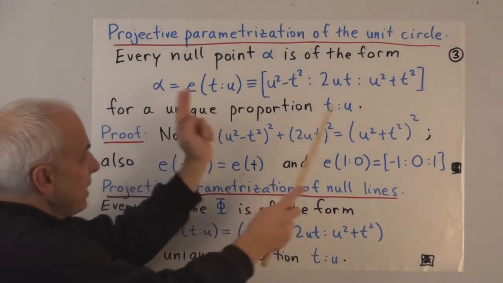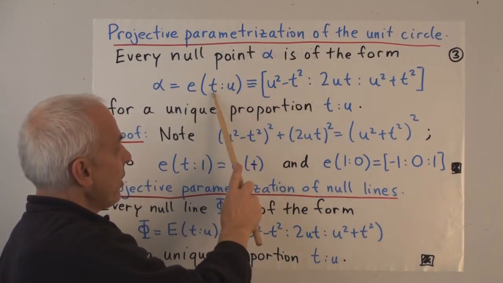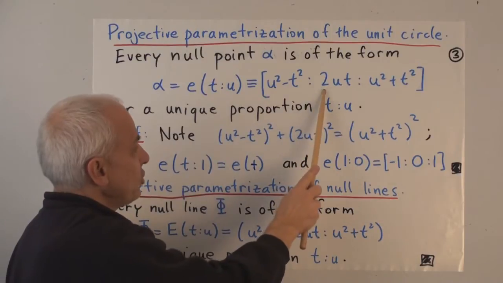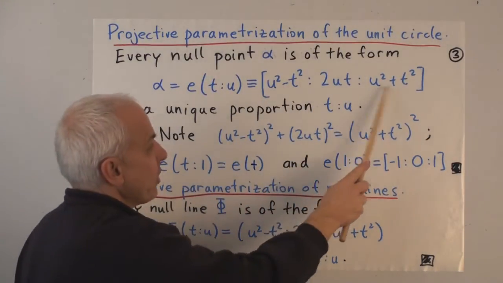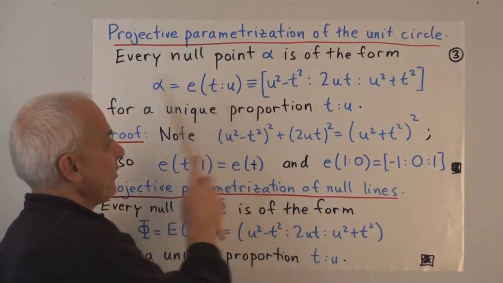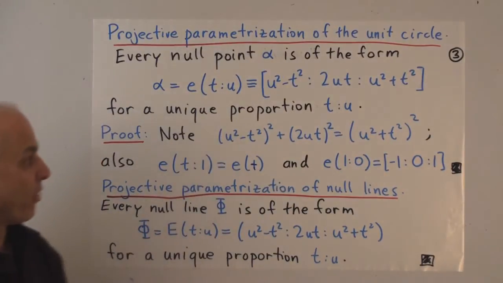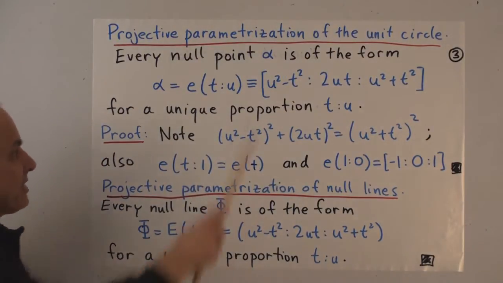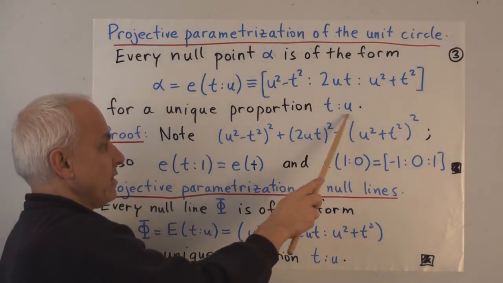By definition, this means this triple: u squared minus t squared, this squared minus this squared, to 2ut, twice the product, to u squared plus t squared, u squared plus t squared. All enclosed in square brackets, so it is really a point. And the claim is that every null point is of this form for some unique proportion t to u.